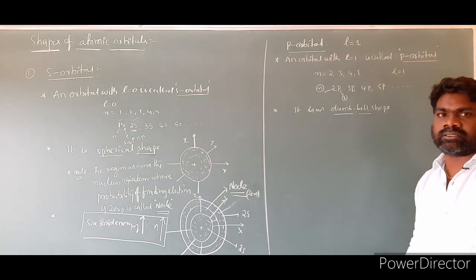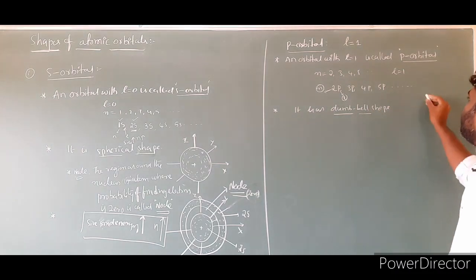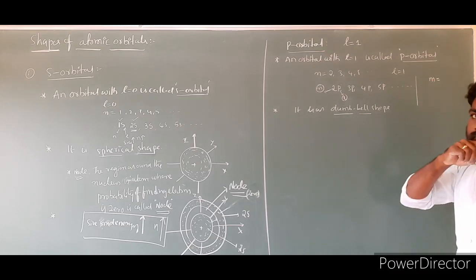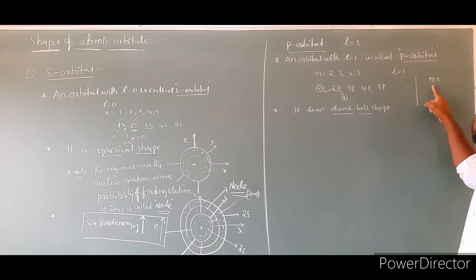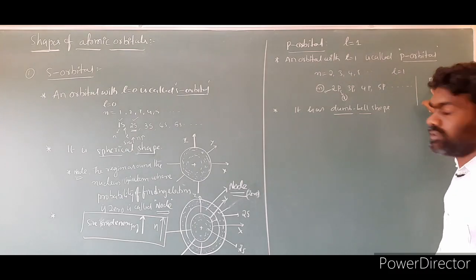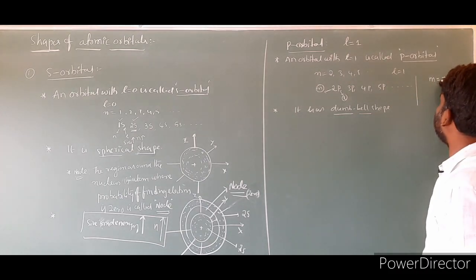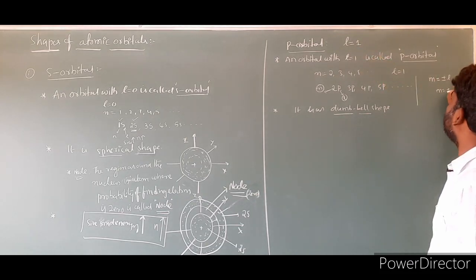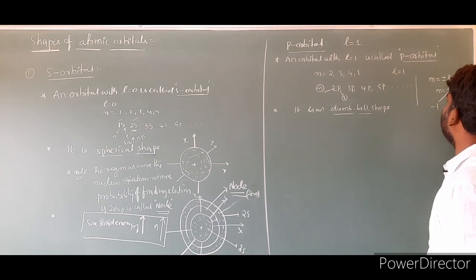Then let us take the 3 different kinds of p orbitals for possible m value. The magnetic quantum number depends upon the azimuthal quantum number, m is equal to plus or minus L. Here L is equal to 1, so m has 3 possibilities: minus 1, 0, plus 1.